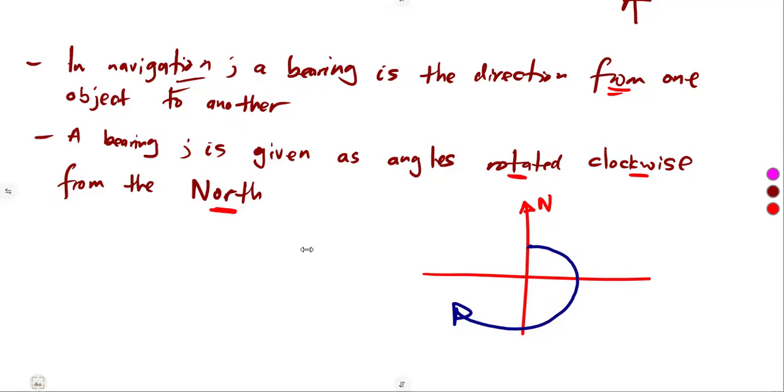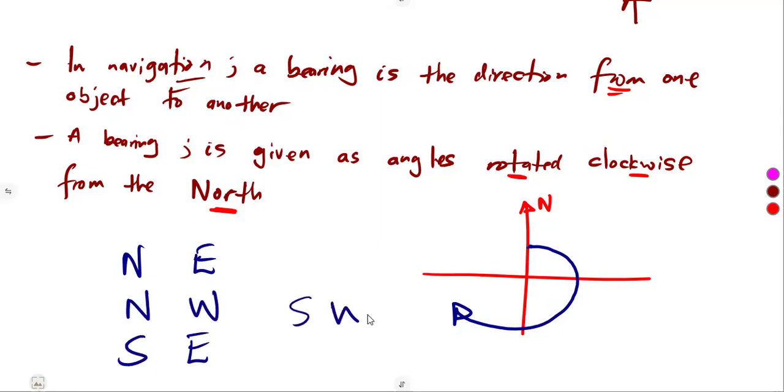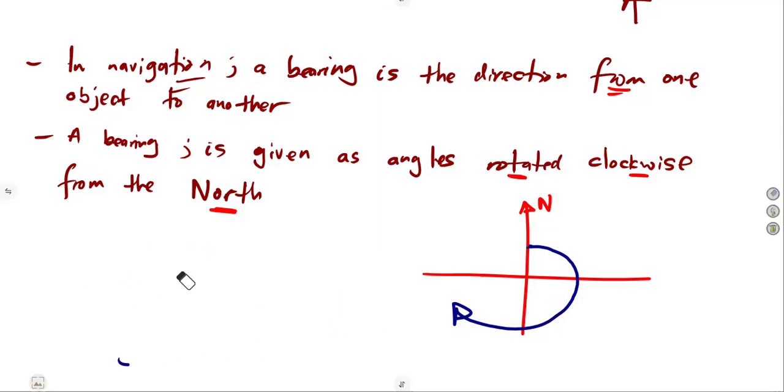We have another type of bearing, the compass bearing, which uses the poles, from north to east, from north to west, from south to east, from south to west. It's from a certain pole to another one with an angle given between the two poles. But with this one, your angles will always be taken from the north in a clockwise direction. A three-figure bearing.